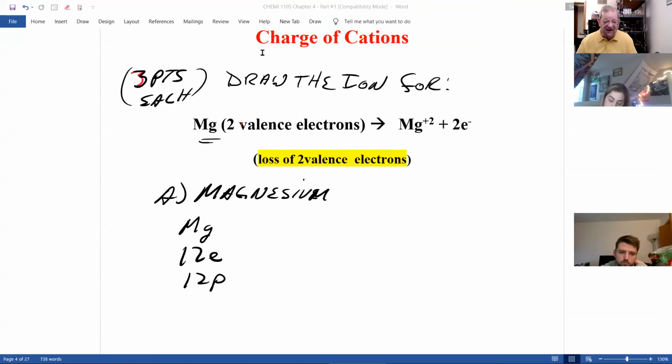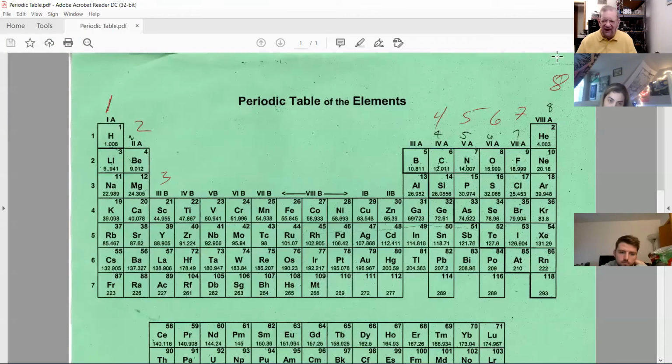Well, how do we figure that out? Well, you look at the periodic table. Magnesium is at 12, numerically based on atomic number. I'll say that again. Numerically based on atomic number, what noble gas is closest to magnesium?